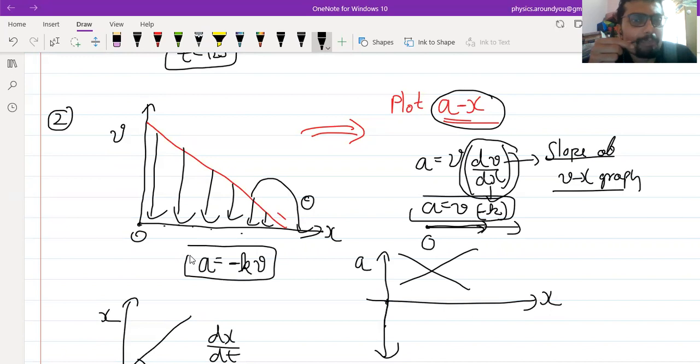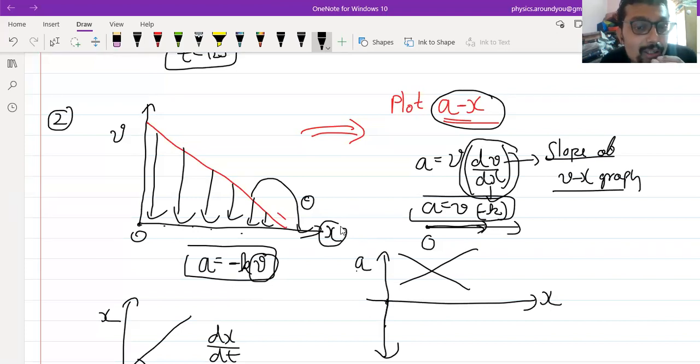Well, but I am plotting a graph between a and x. I need a relation between a and x, but I got a relation between a and v. So how can I use this to obtain a relation between a and x? Can you express velocity as a function of x?